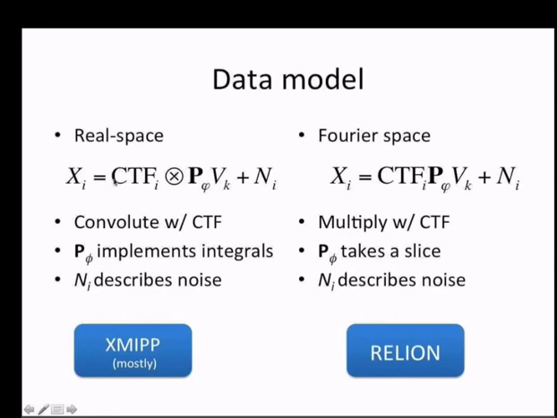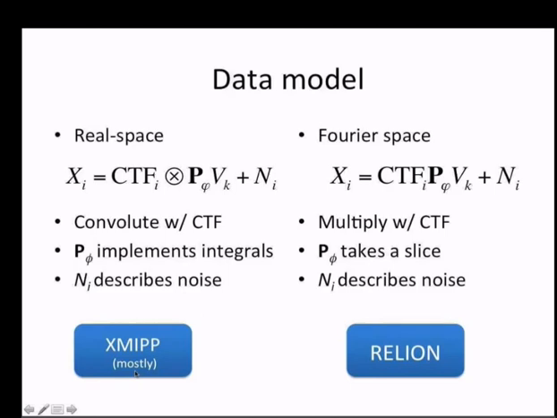So the CTF acts on projections of the 3D map as a convolution operation. Now, in Fourier space, this projection operator, as I just explained, takes the form of just taking a two-dimensional slice out of a three-dimensional transform, so that's different. And another difference is that the convolution of the CTF in real space becomes a multiplication with the CTF in Fourier space. And then you could describe noise in both spaces.